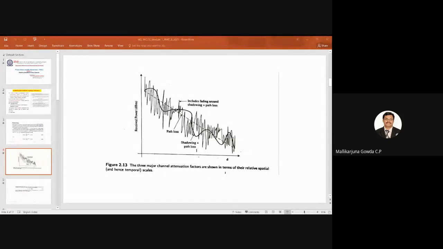One is path loss, which I said is an average value. Then shadowing is the variation in the signal strength from that average. Then fading is the random fluctuations around this path loss and shadowing, right? So there will be fluctuations in the received signal, which we call fading.